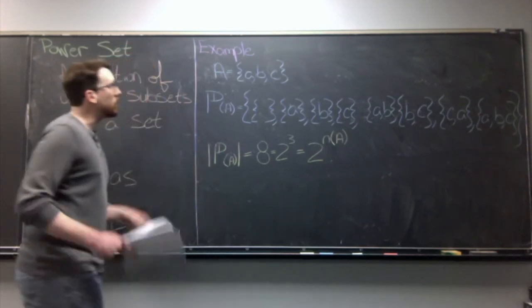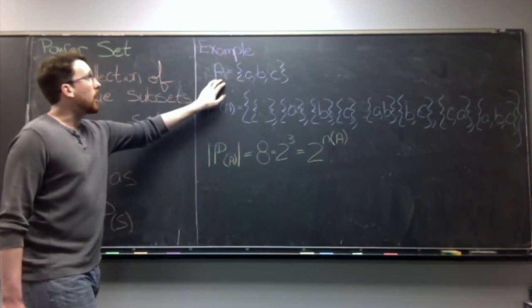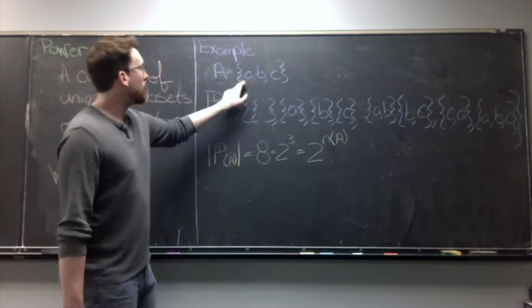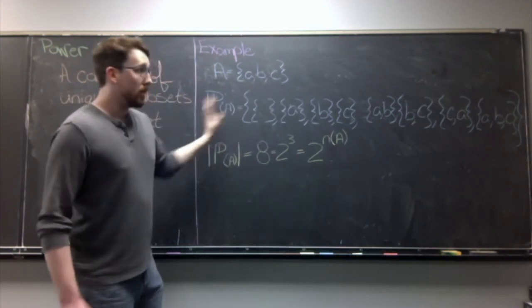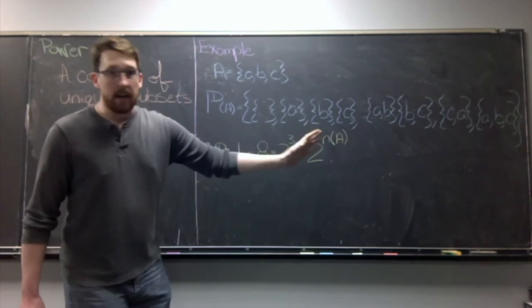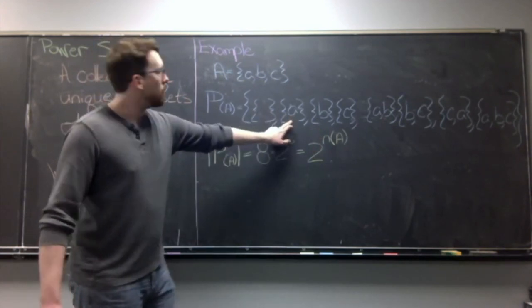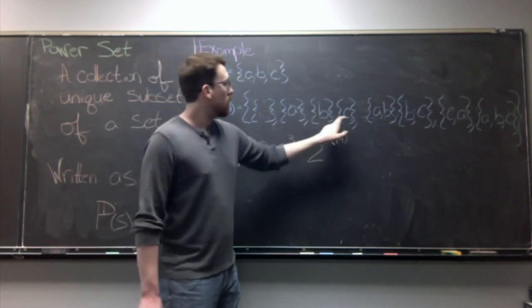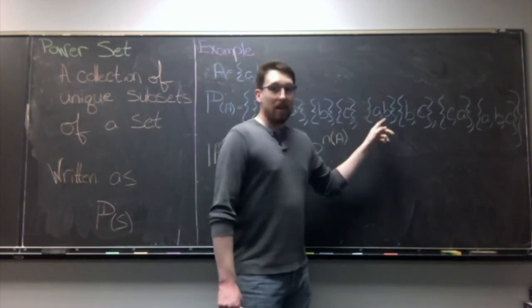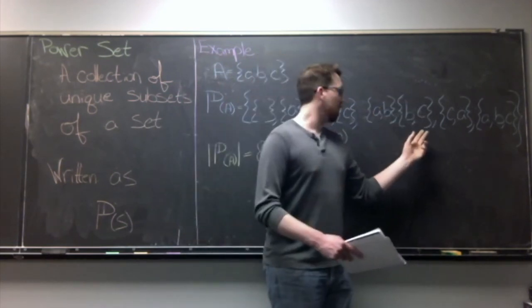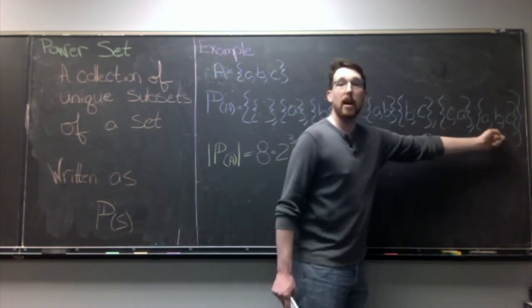All right, so when we take the power set of this set A, which contains the elements A, B, and C, we're going to have the set of the sets: empty set, the set with only element A, the set with only element B, the set with only element C, the set with elements A and B, the set with elements B and C, the set with elements C and A, and the set with elements A, B, and C.